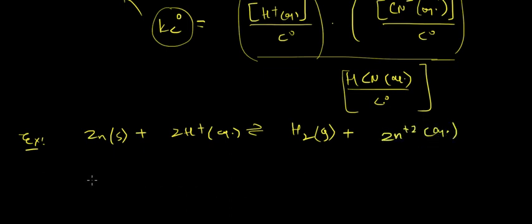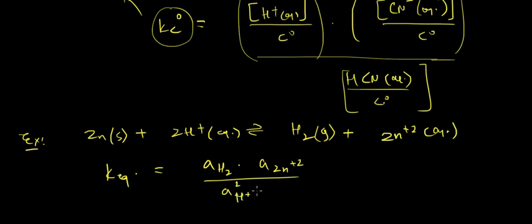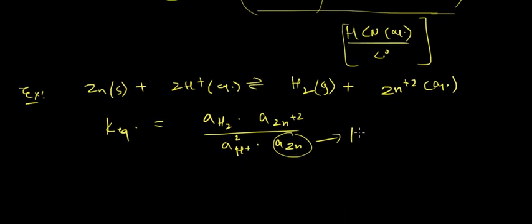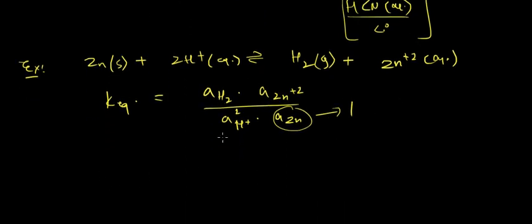So in this case, K equivalent as per thermodynamics would be activity of H2 multiplied with activity of Zn plus 2 divided by activity of H plus squared multiplied with activity of Zn. For pure liquids, pure solids and solvent, the activity is 1, so the activity of Zn would be 1. I'm not explicitly writing it because I want to be as abstracted as possible in this example.